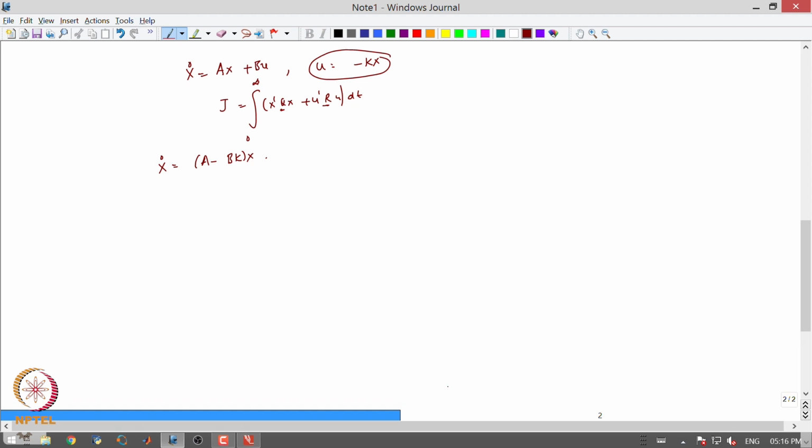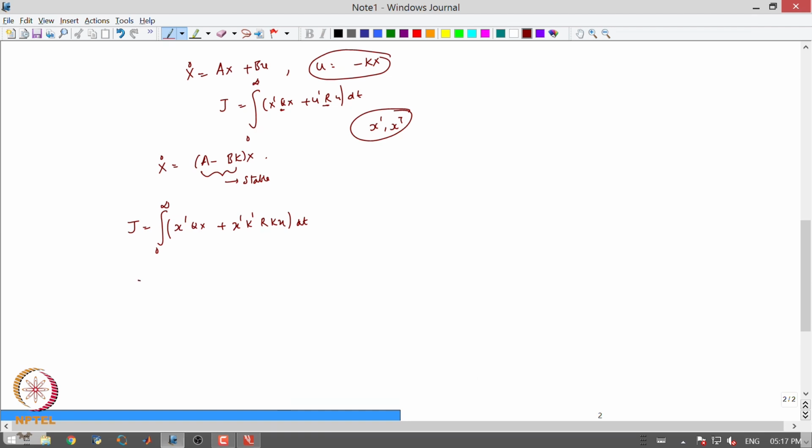Okay. Now it will be safe for us to assume that this is stable, else there is no point designing this controller. So let us assume that A minus BK is a stability matrix, and therefore the cost function J looks like this: x transpose Qx plus, with u equal to minus Kx, x transpose K transpose R K times x, with dt.